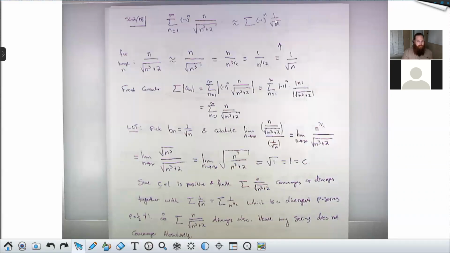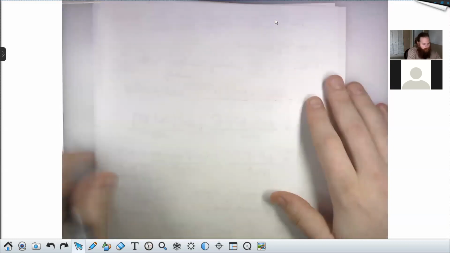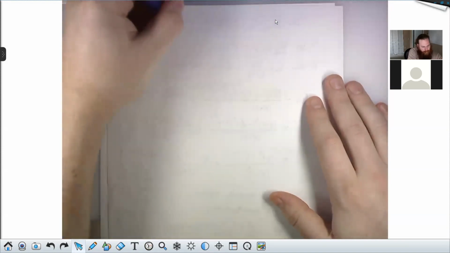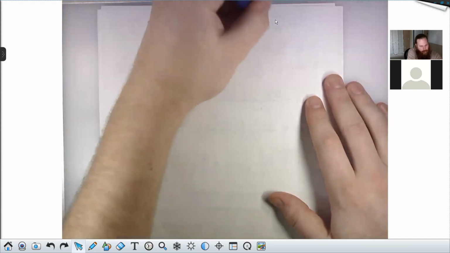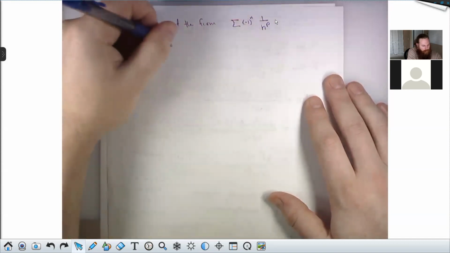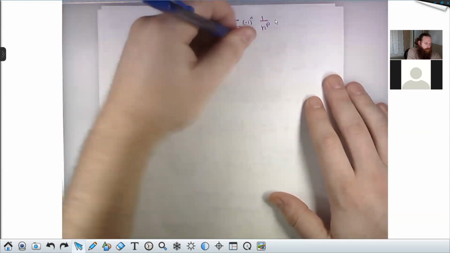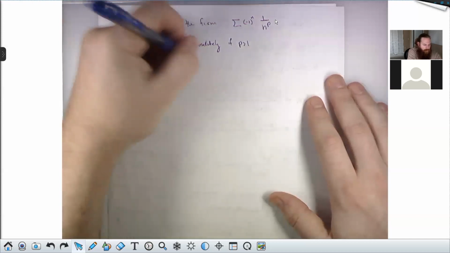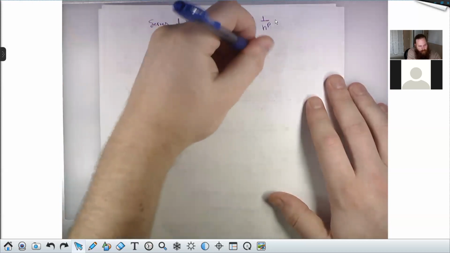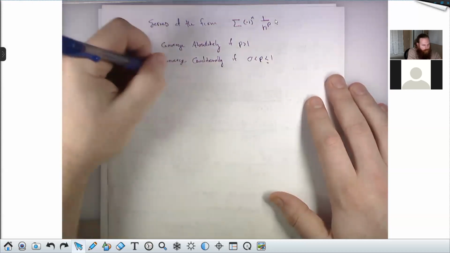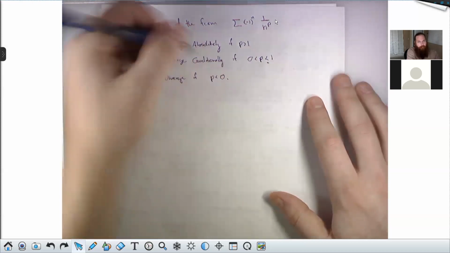So alternating p-series, series of the form, let's write this down. Sigma negative 1 to the n, 1 over n to the p, converge absolutely if p is bigger than 1, converge conditionally if p is between 0 and 1, less than or equal to 1, and diverge if p is less than 0.